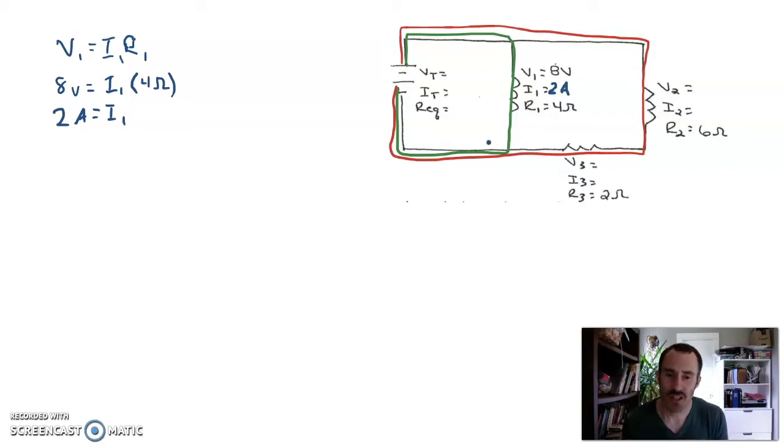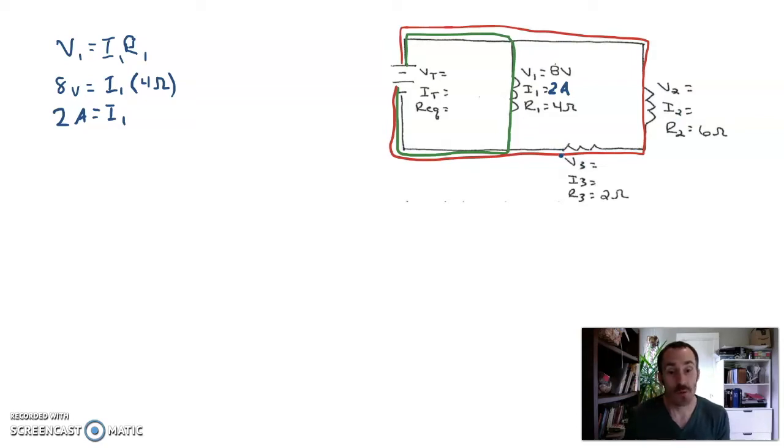Now, I can't just add them up using the parallel rule, because R3 and R2 are not in parallel with each other. They together are in parallel with R1, but they are not in parallel with each other, so I can't just use the parallel rule. It means that first I have to deal with these two, whose relationship is a series relationship.